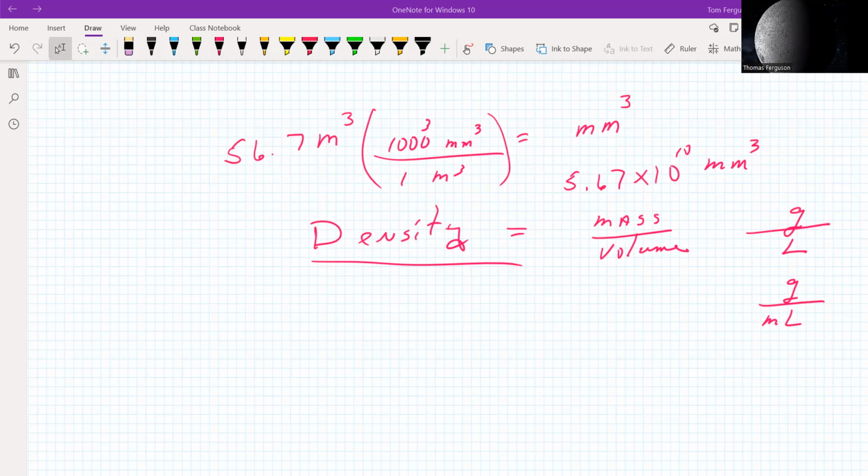If I took a graduated cylinder, filled it with 50 milliliters of water, and dropped this thing in, assuming it doesn't float, and the water goes up to 65 milliliters, what is the volume of this? 15, because the delta V, the delta volume, is 15 milliliters.